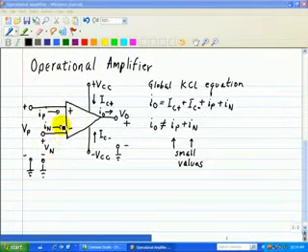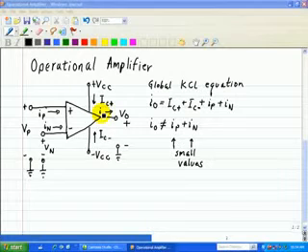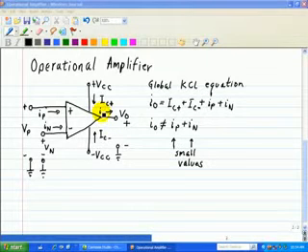And at the output we have VO, and associated with VO is our outgoing current IO. In addition, we have the currents due to the power supplies, one at the plus end and one at the minus terminal. So here we have IC plus denoting the input current due to plus VCC, and one due to minus VCC as IC minus.